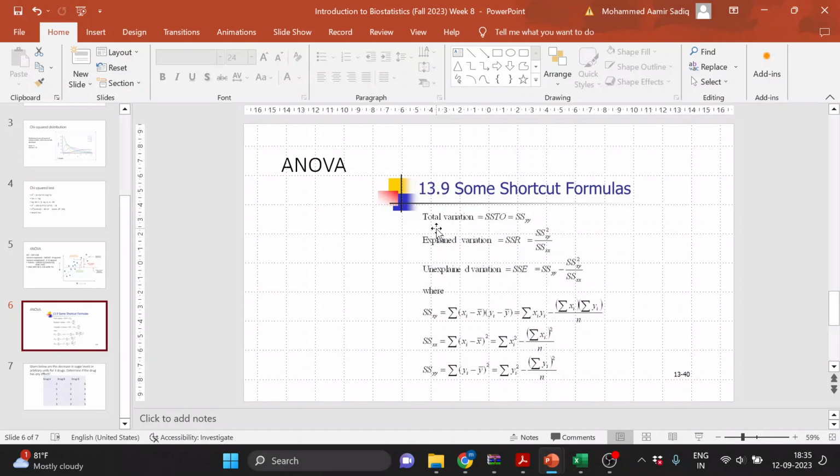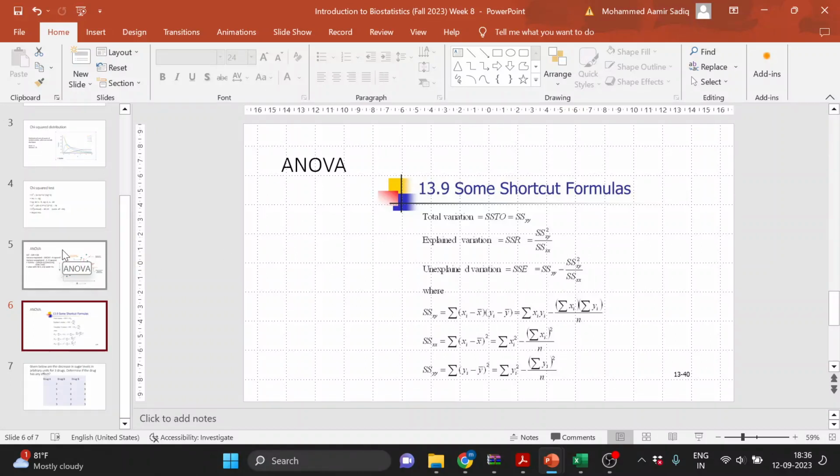For example, you can calculate total variation, which is SSYY, and explained variation, which is SSR. You don't have to know the derivation of how this is equal to this, but let's note this down somewhere. And this is your unexplained variation, which is SSY minus SSR. SSY minus SSR is your SSE.